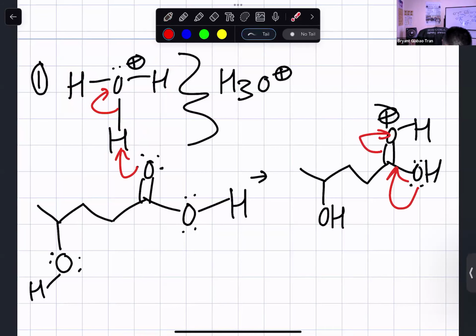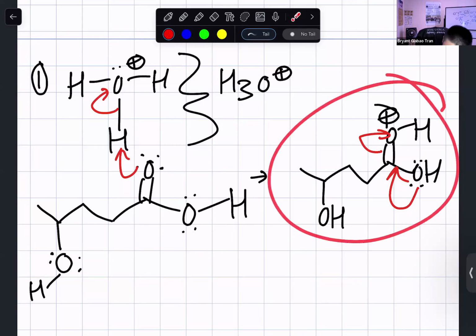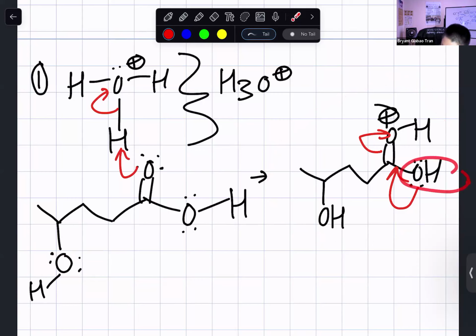Whereas if you were to protonate the hydroxy oxygen instead, the conjugate acid would not be able to do resonance like that. But once the carbonyl oxygen gets protonated, it can do resonance like this, making it more stable, which makes this carbonyl oxygen the most basic.